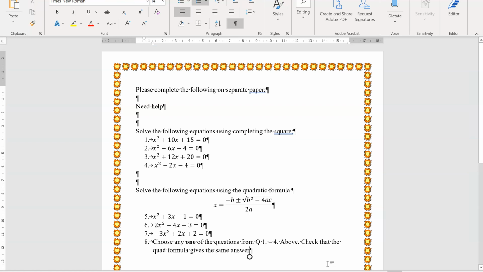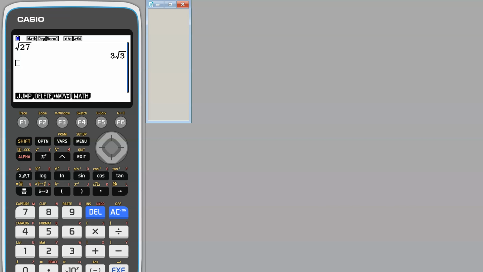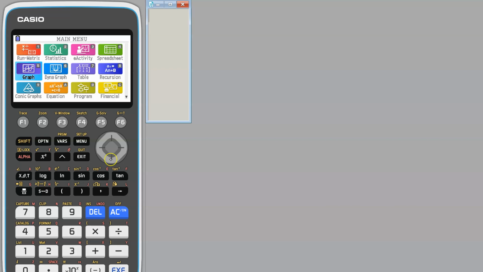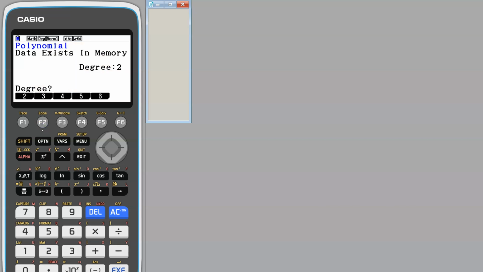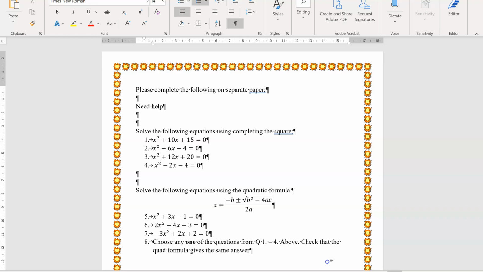So what I'd like you to do now is come back. See if you can now do these questions here. And remember, you can use your calculator to check. So remember, you go into menu, down we go into equation, we put polynomial, degree 2, and if we go back to this worksheet, I can already check this one. So 1, 10, 15.